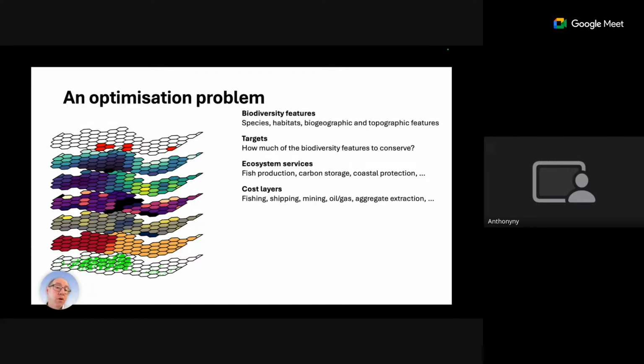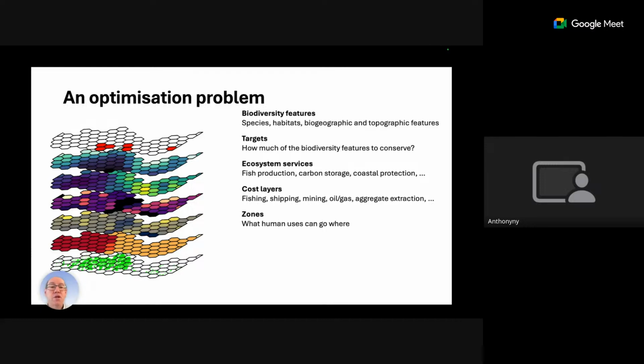We can also include different cost layers. So these are things where we want to avoid overlaps with fishing areas. We want to avoid overlaps with shipping or mining or oil and gas, etc. So that will benefit people if we try and select areas for conservation that avoid those areas that humans use a lot, as long as we can still meet our biodiversity objectives.